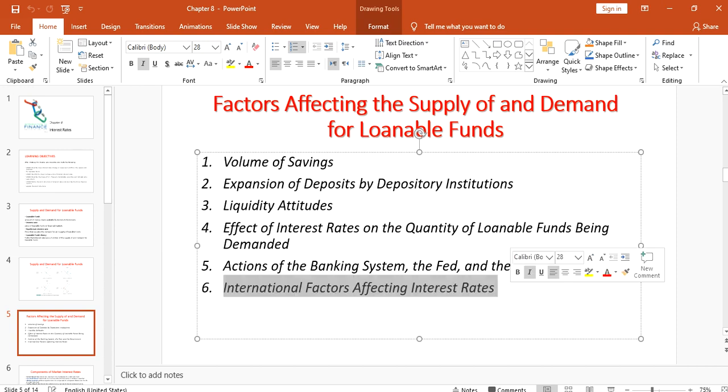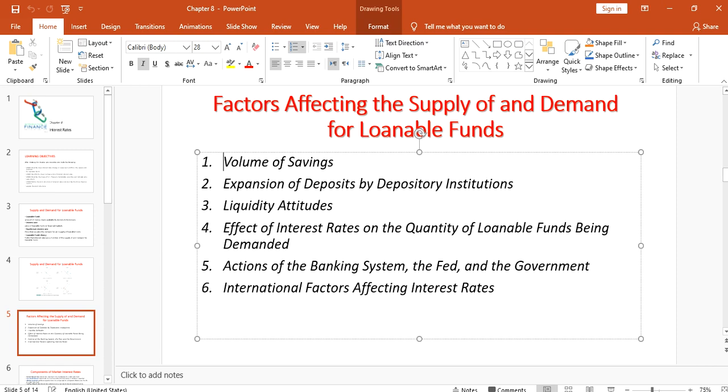So the United States market will be adjusted immediately to any change in international interest rates.